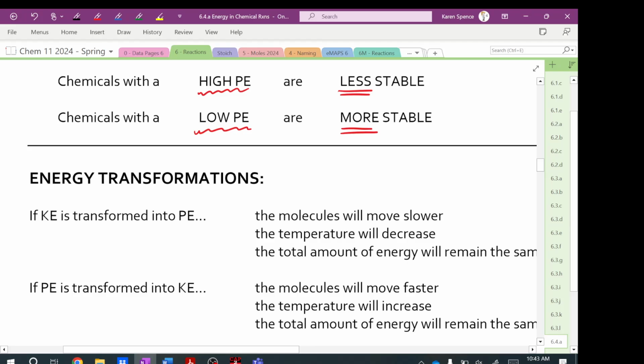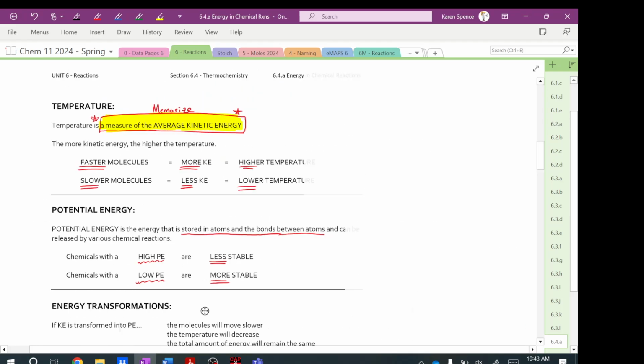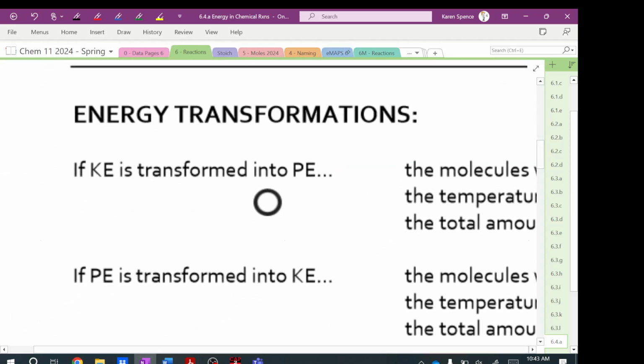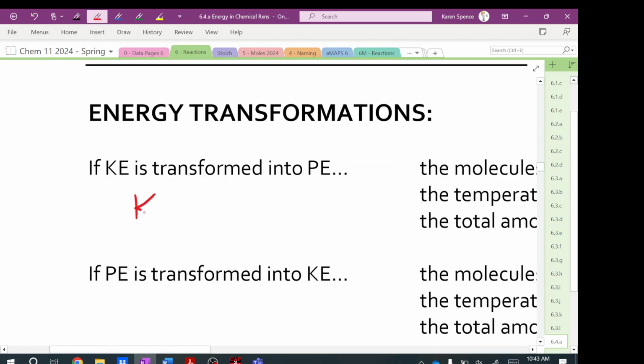And in this particular section, because we're looking at a chemical reaction, we're looking at one substance being transformed into a different substance. We're also going to be looking at one form of energy being transformed into a different form of energy. So if we take kinetic energy and turn it into some potential energy, what's going to happen to the speed of the molecules?